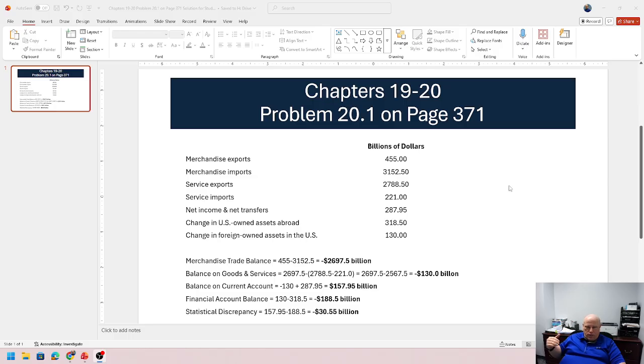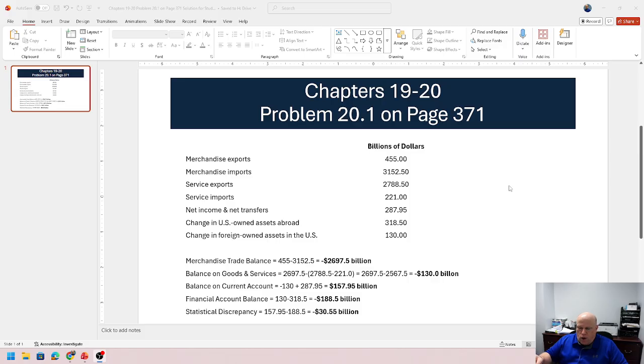2,697.5 billion. On the next one, it was the balance on goods and services. The formula, as I showed on the instructions, is merchandise trade balance plus, in parentheses, because you have to do this part first, service exports minus service imports.